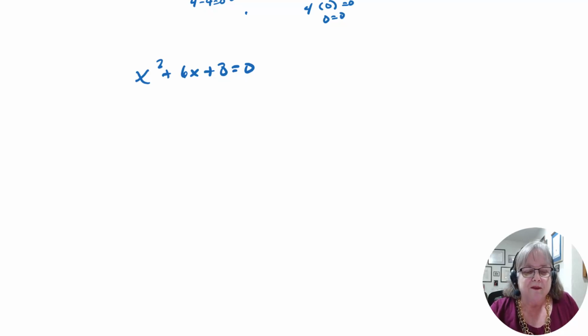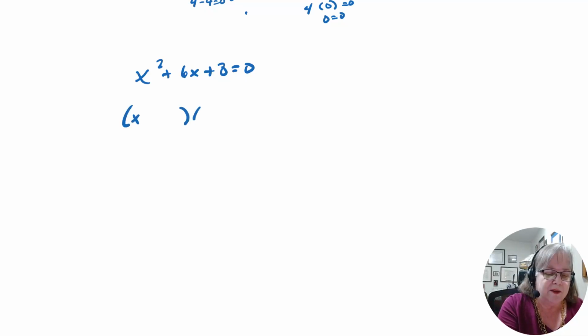Okay? So you would look at this and go, well, okay, there's nothing in common to factor out. It is a lead coefficient of 1 with a trinomial. So we would say, I have an x there and an x here to get my x squared, because x times x is x squared. And you would ask yourself, what multiplies to positive 8 and adds to 6?